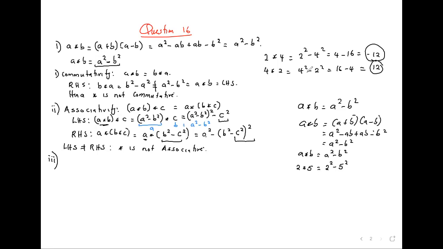Then 3 of the same, which is B now. For each of the following operations, evaluate 3, find 3 star 7 star 4.